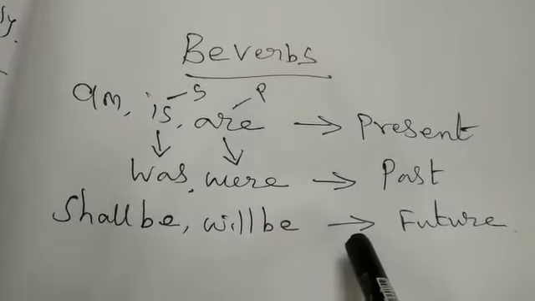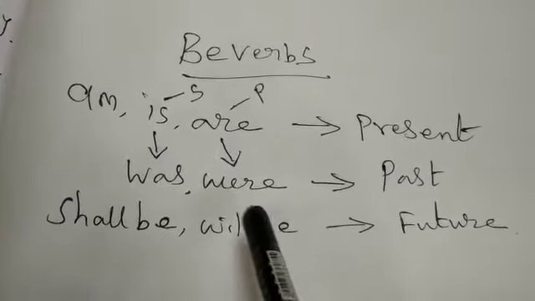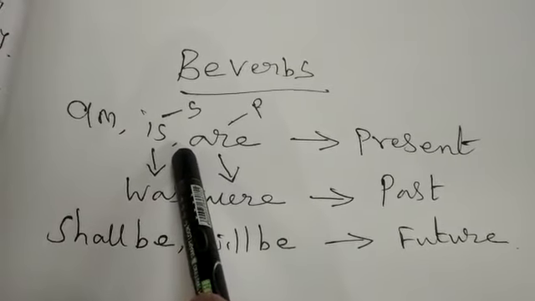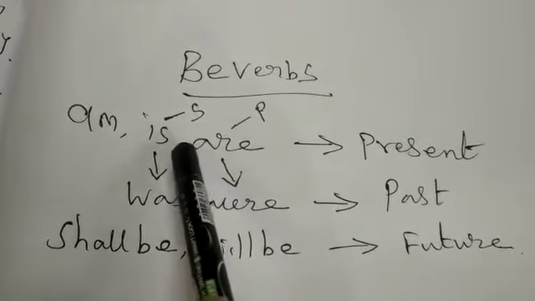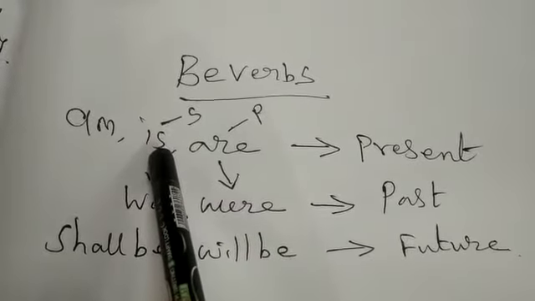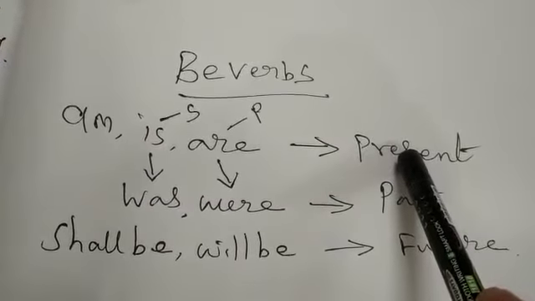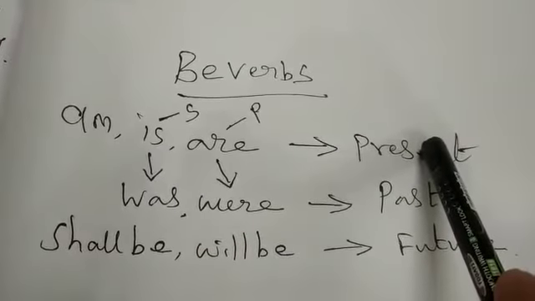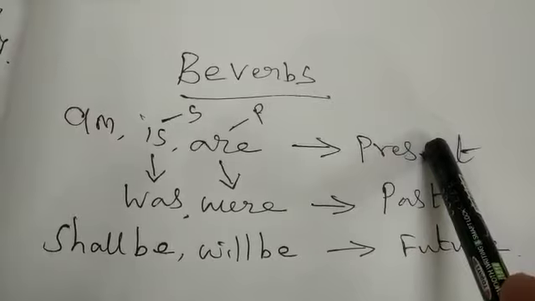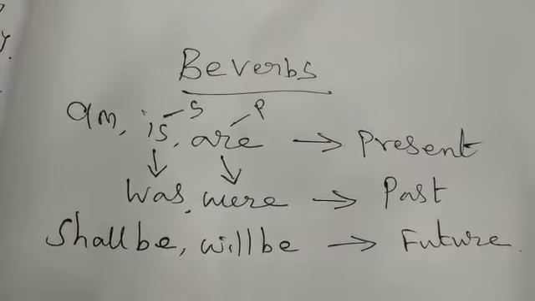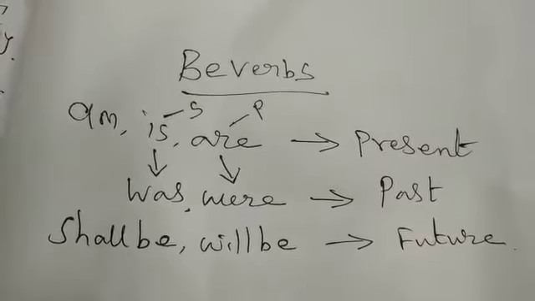If an ing form comes after a be verb, that's called continuous tense. If you find is walking, is is present tense, walking is ing form, so be verb plus ing form is continuous tense. What kind of continuous tense? Is is present, so present continuous.